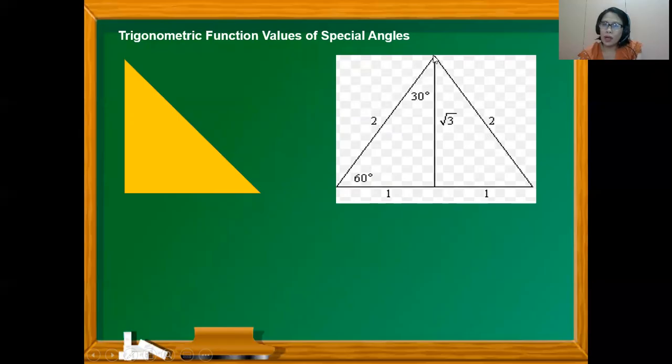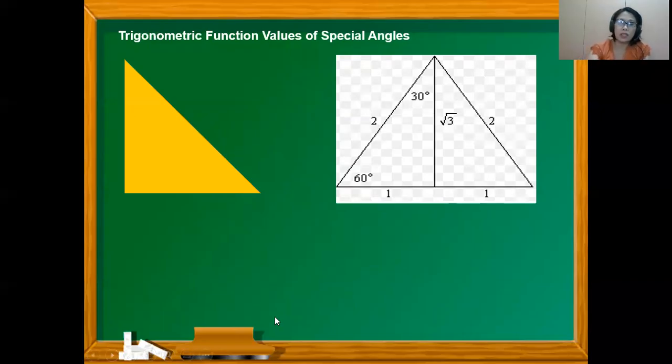As we divide this equilateral triangle equally, the length of the base is divided into equal parts. So this will be 1 and 1. The interior angles of this equilateral triangle are congruent, each equal to 60 degrees.